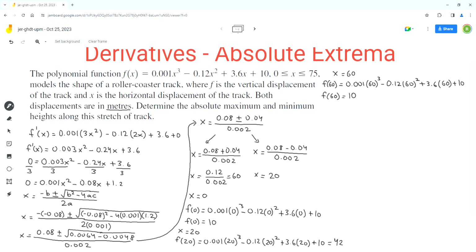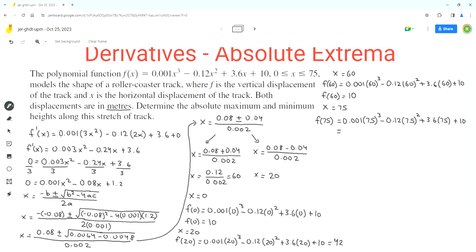And now the last one, x equals 75. So we'll sub in x as 75 in the given function. So f at 75 equals 0.001 times 75 cubed minus 0.12 times 75 squared plus 3.6 times 75 plus 10.